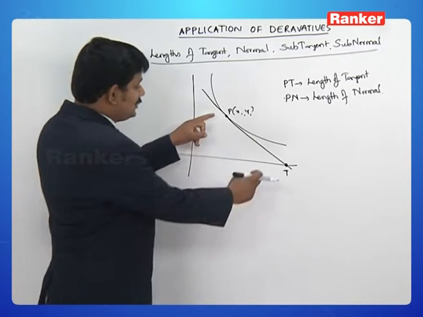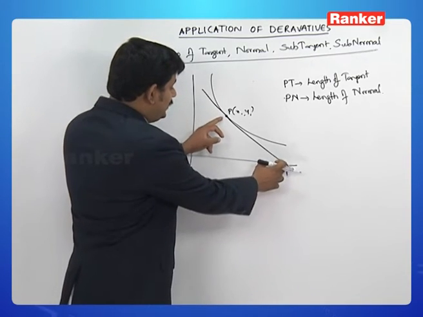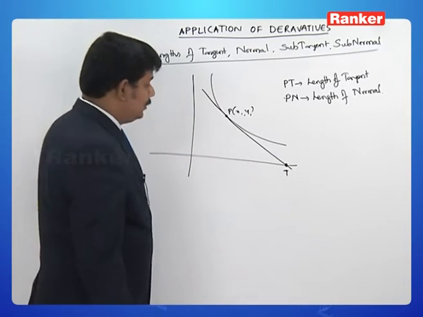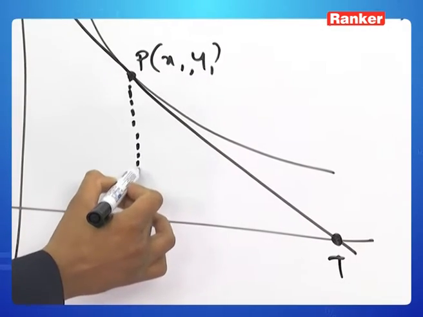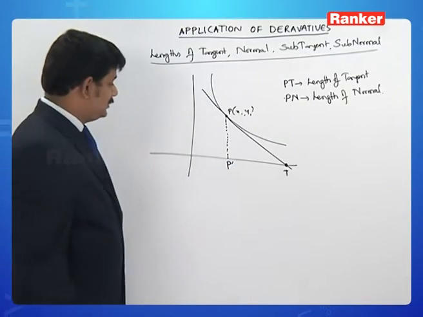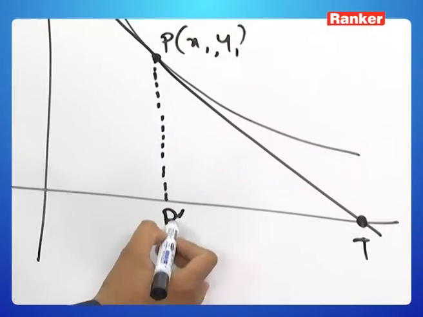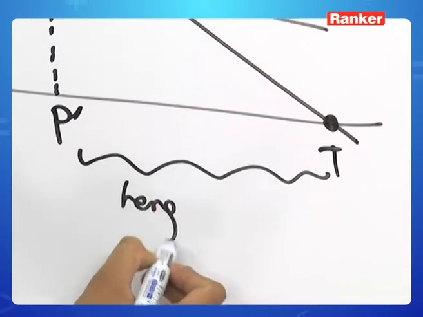Now the projection of PT on x-axis, that is, draw a perpendicular from P onto x-axis. Let us call this point P dash. This P dash T is called length of subtangent.